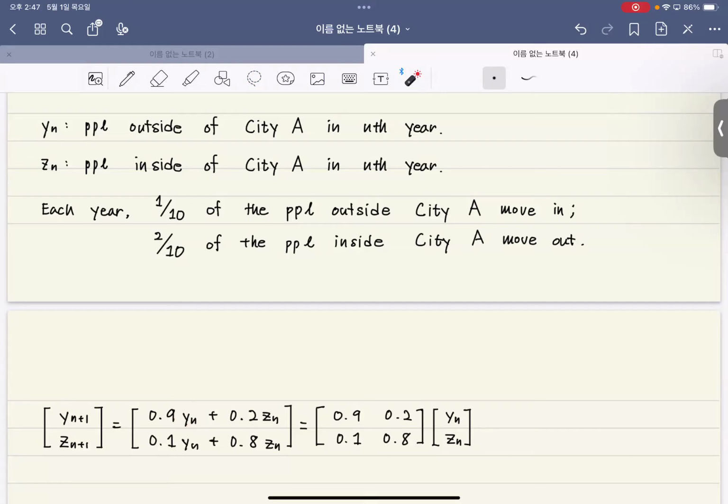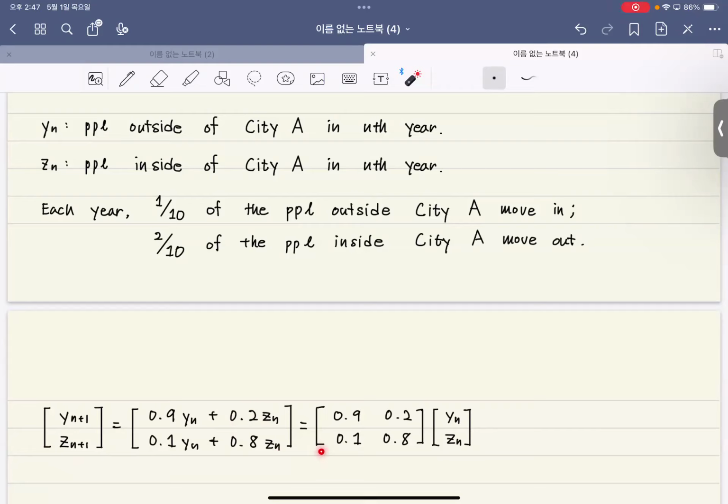Because 1/10 of these people are lost, so 0.9 times the original population, plus the 2/10 of the people living inside the city who move outside. Therefore, this much population should be added. And likewise, Zn+1 must be 0.1 times Yn plus 0.8 times Zn.